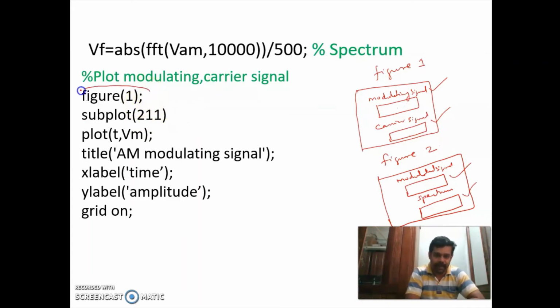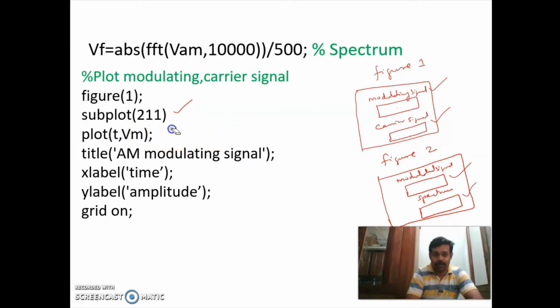First we have taken figure 1, so it will generate figure 1, subplot 2 1 1. So in figure 1, you will be having two figures. The subplot of 2 1 1 is the first figure. Plot of t comma vm: t is the x-axis, vm is the y-axis. vm is nothing but the message signal, or modulating signal.